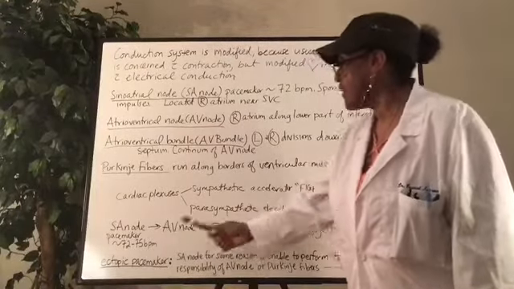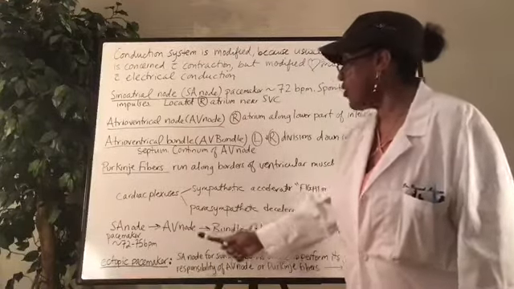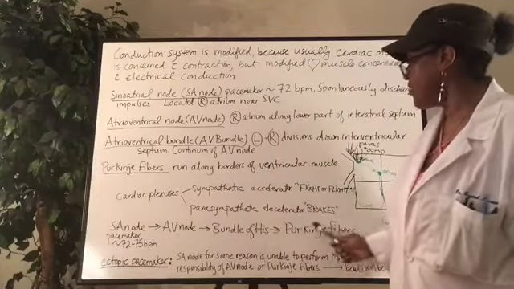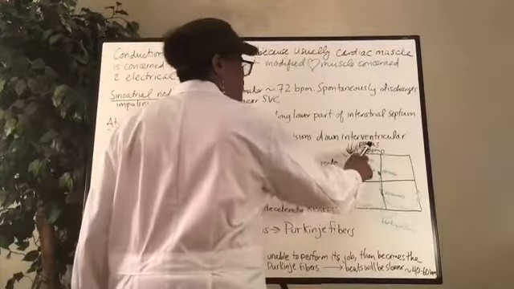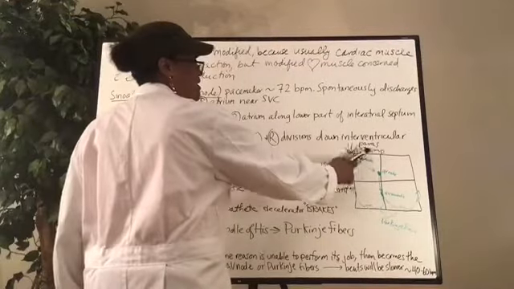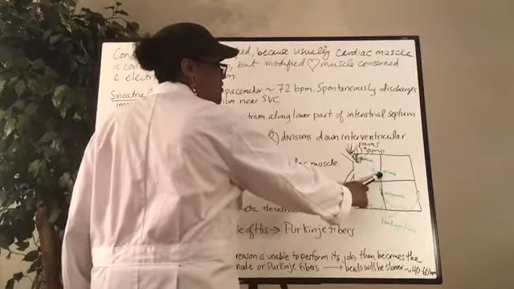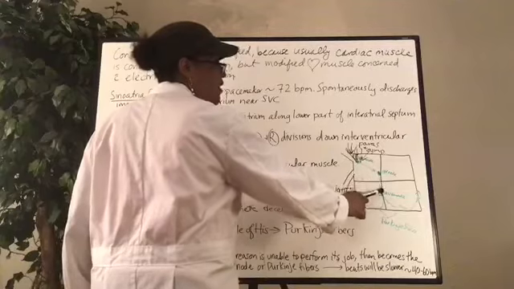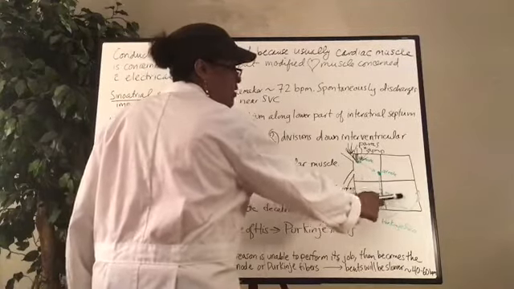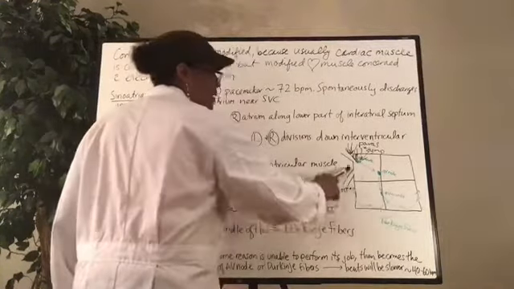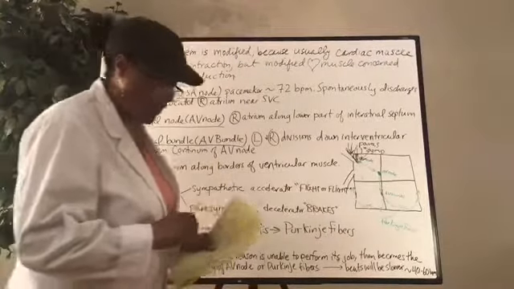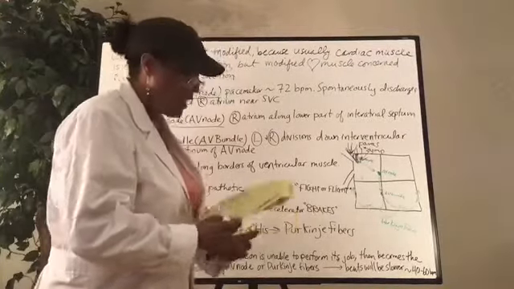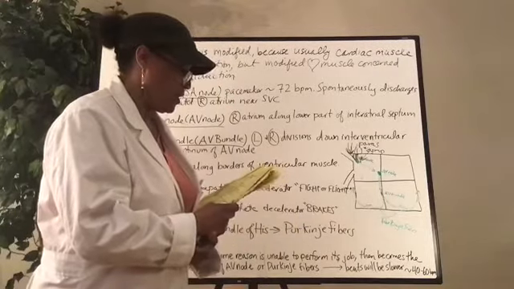It sends the signal to the AV node, to the bundle of His, and then to the Purkinje fibers. So information comes into the SA node via, we'll say, parasympathetic or sympathetic, shoots a signal to the AV node, on down to the AV bundle of His, and that will have the Purkinje fibers contract the ventricles. So that is how we get blood to move along.